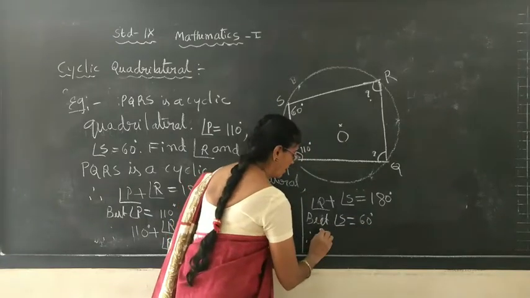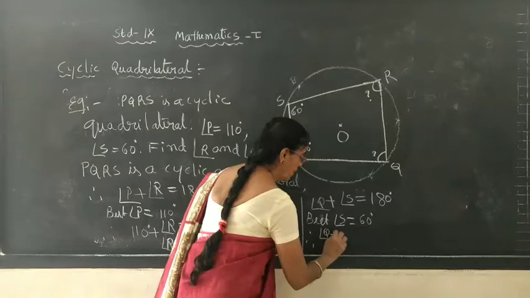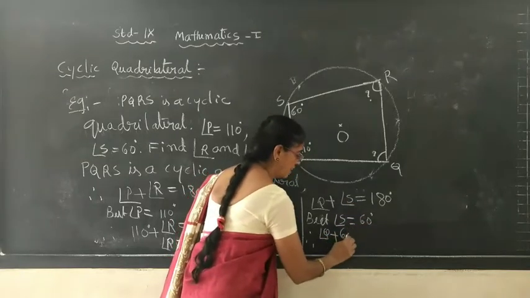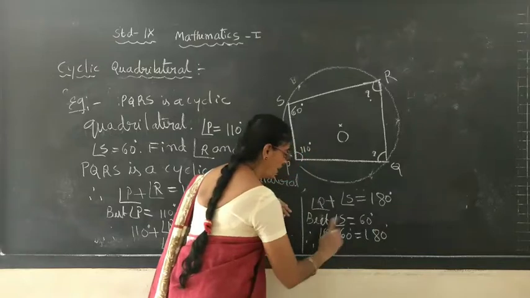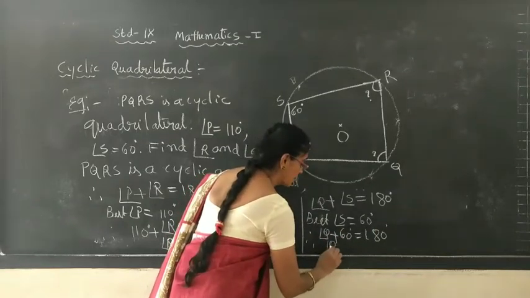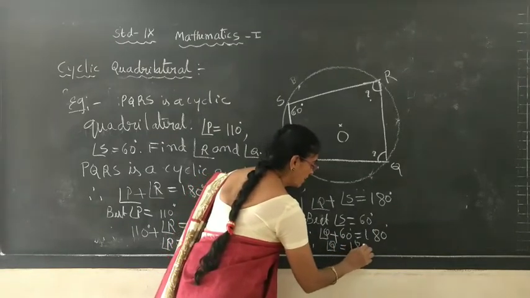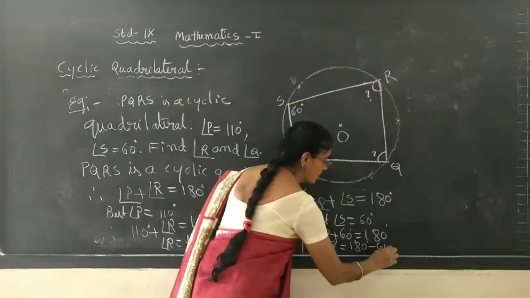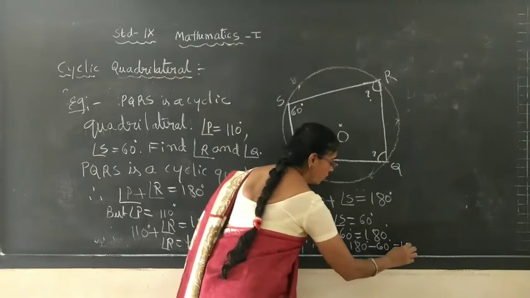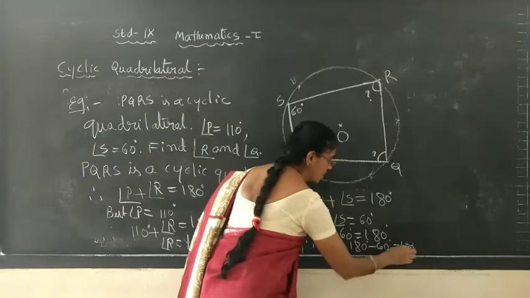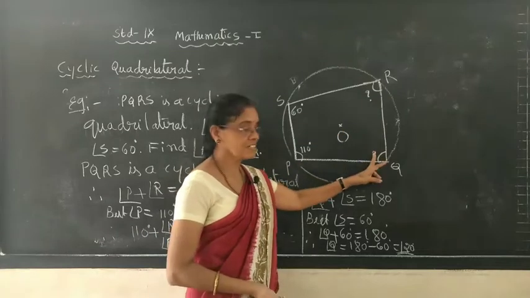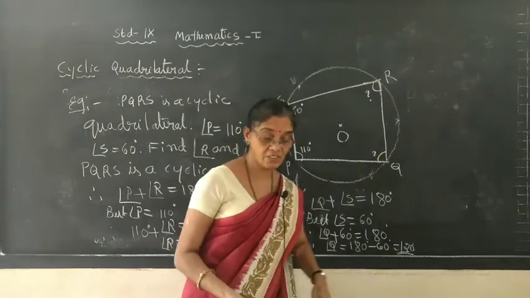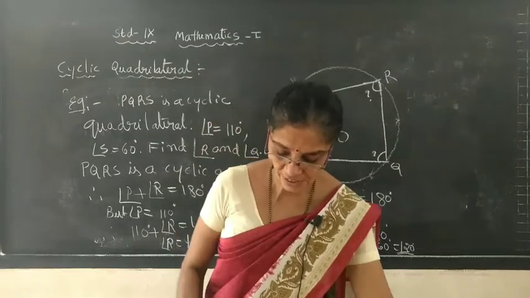Therefore, angle Q plus S, 60 degree, is equal to 180 degree. So, bring the 60 this side, plus 60 becomes minus 60 degree, which is equal to 120 degree. So, here this angle is 70 degree, this angle is 120 degree. So, in this way we can find the angles.